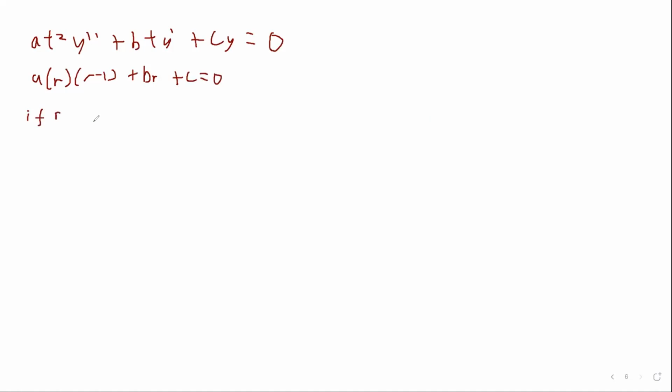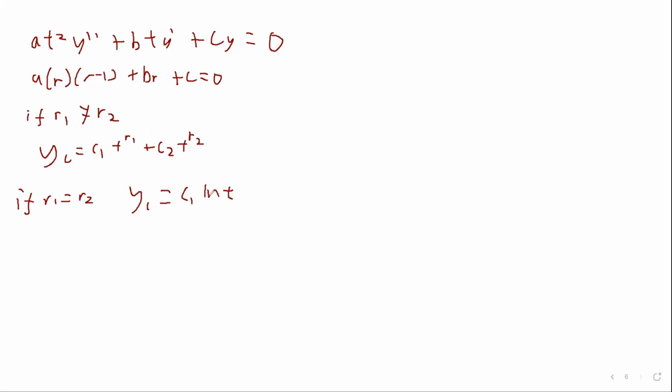If r1 is not equal to r2, then y c equals c1 t to the r1 plus c2 t to the r2. If r1 equals r2, y c equals c1 t to the r1 ln t plus c2 t to the r2. So that ln gets introduced.